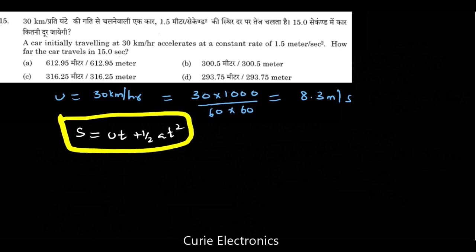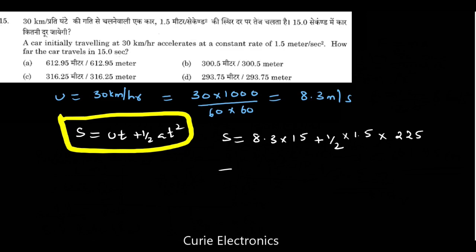Now let's put the values. U equal to 8.3. What is the time? 15 seconds. Plus half, what is the acceleration given? 1.5 meter per second square, multiplied by t square. 15 square equals 225.